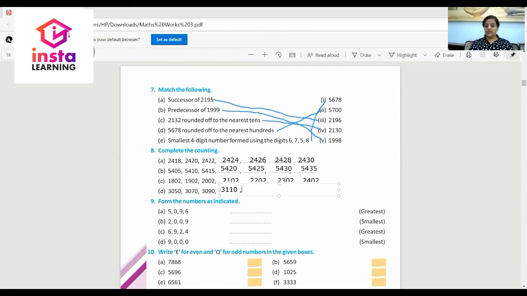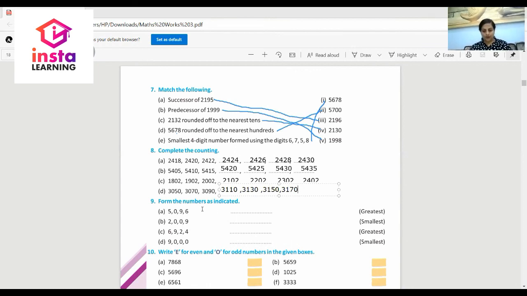So it means 3100 plus 20 is 3130. We are leaving 20. Next is 3150 because we are leaving 40. 3170 because we are leaving 60. Like this, we have done our pattern also.